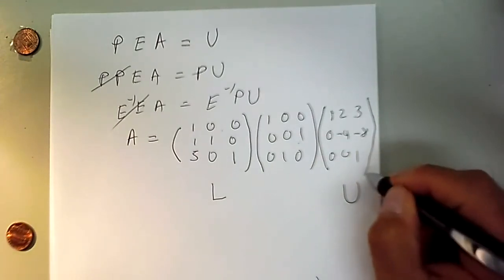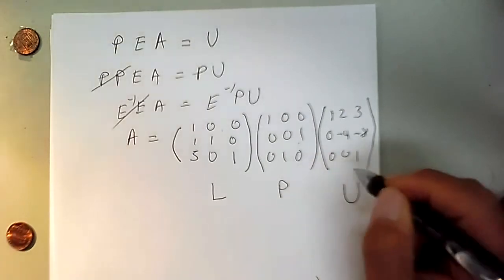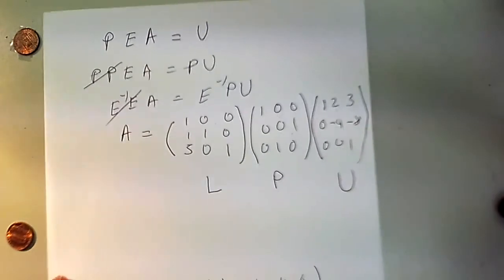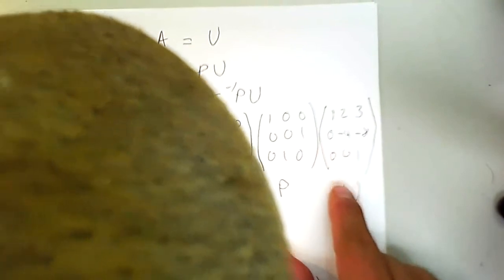That is not unit triangular matrix. We have this P, a permutation matrix which we did not used to have in the past. I guess we need our D still because, yeah, we would like to take care of that -4.